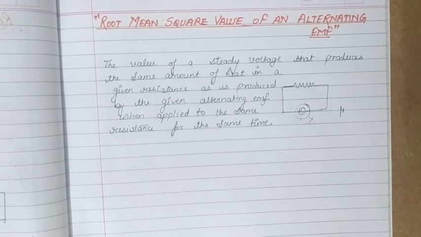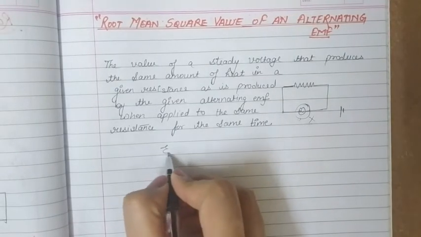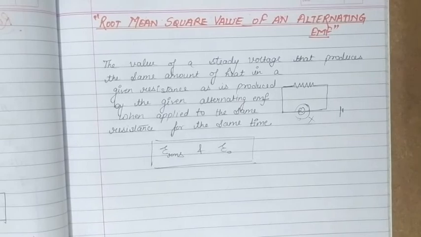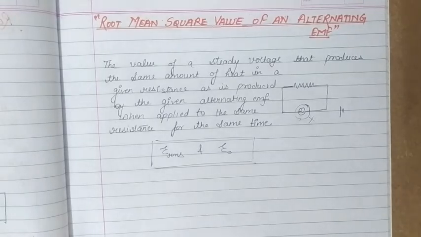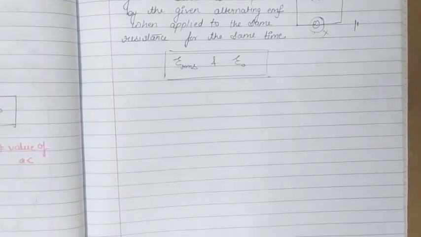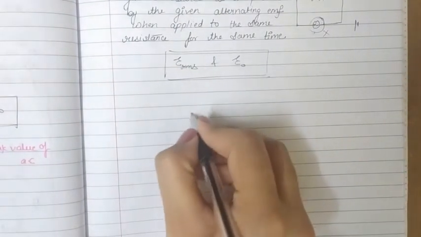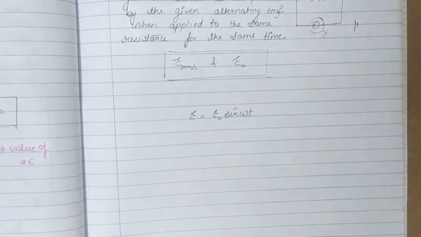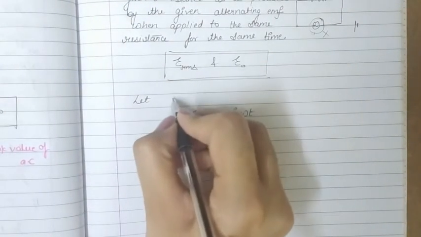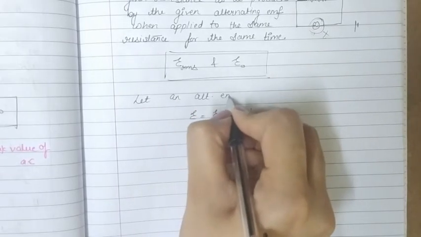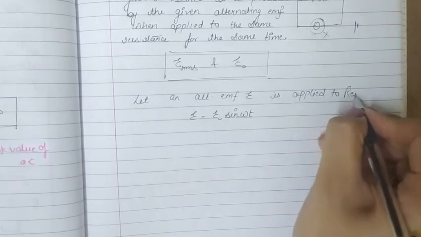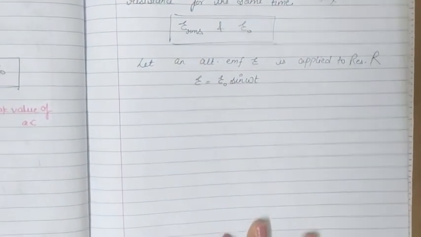Basically we are going to find the relation between epsilon RMS and epsilon naught, and we have to derive the relation between these two. For this we are assuming that an alternating EMF epsilon is applied to a resistance capital R, and this EMF is given by epsilon equals epsilon naught sine omega t.